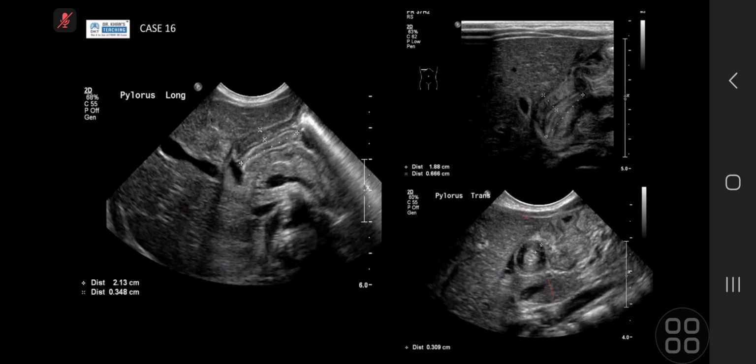The length of the canal about 2 centimeter. It is dilated. In the other view, I see the thickness also here, measuring total caliber and the length. So this all thickness of the pyloric wall more than 3 millimeter suggestive of congenital hypertrophic pyloric stenosis.